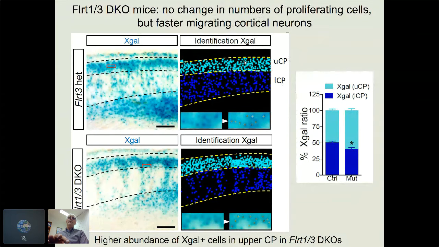In the control embryos, there is at this time point about a 50% distribution. So there are as many cells in the lower cortical plate as in the upper cortical plate. However, when he looks at a bunch of these FLIRT1, FLIRT3 double knockouts, he already sees more cells in the upper cortical plate, suggesting that the cells were actually migrating faster than in the controls.